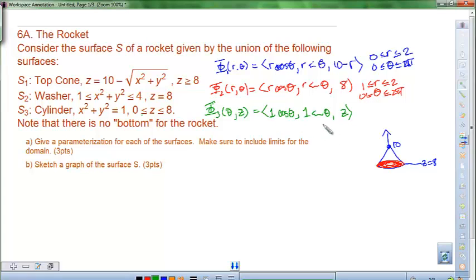So theta is going to go all the way around from 0 to 2 pi, and our z is going to take us from 0 to 8. So this is the level 8, and then we just have to drop all the way down to 0. We have a cylinder, radius 1, and here is our rocket.